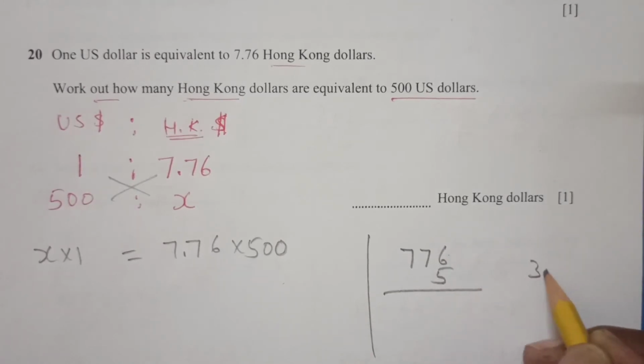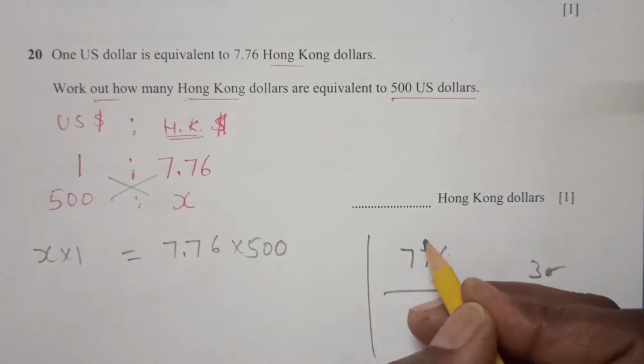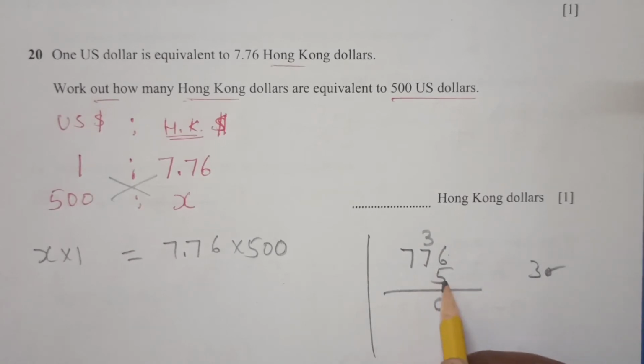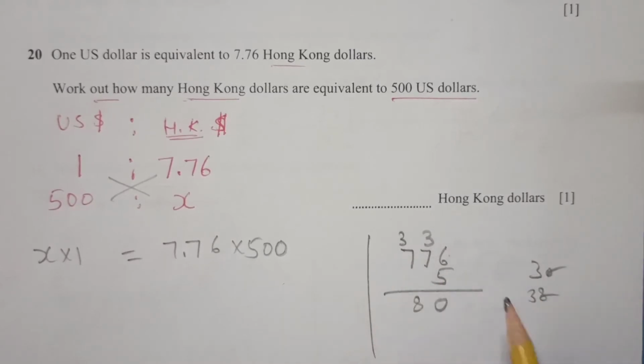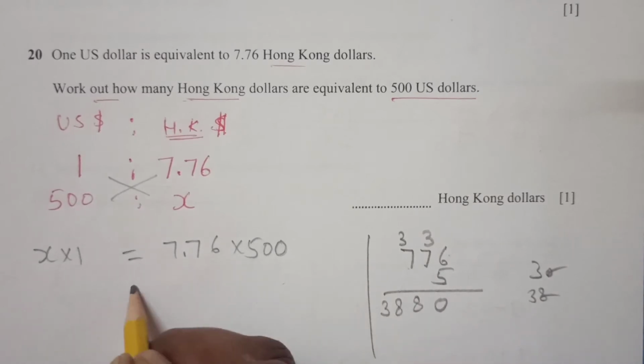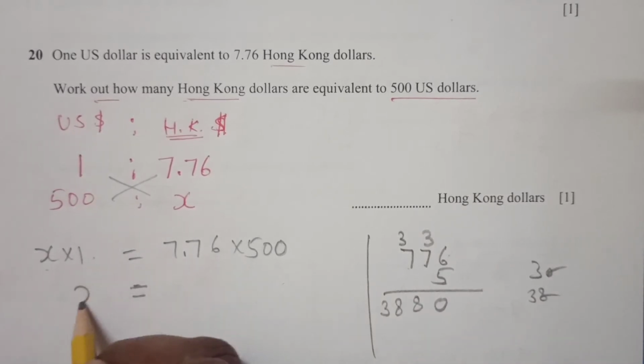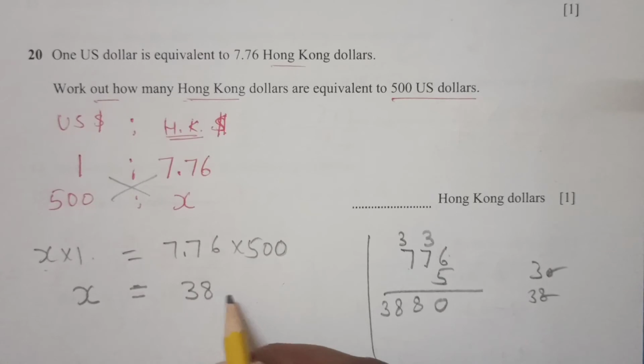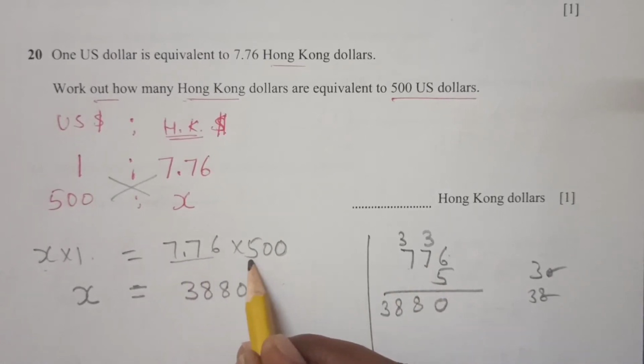6 times 5 is 30, so 0 goes here, 3 here. 7 times 5 is 35, 35 plus 3 is 38, so 8 will come here and 3 will go up there. Again 35 plus 3 is 38. So you see we have here x times 1 is x, so this is 3880 we got by multiplying these 3 and 5.